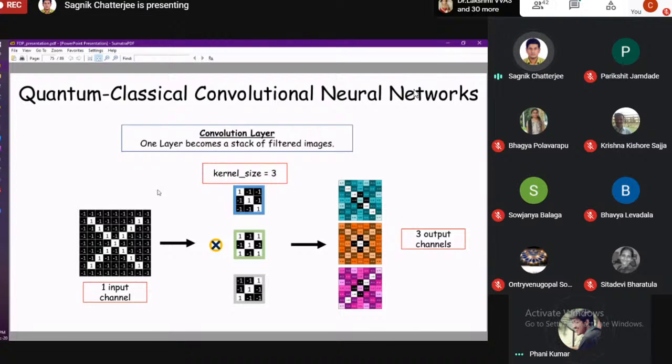Let's talk about some other things. We are just talking about static images. You can have sound signals, you can have videos, which are more susceptible to noise. So that is a very pertinent issue.